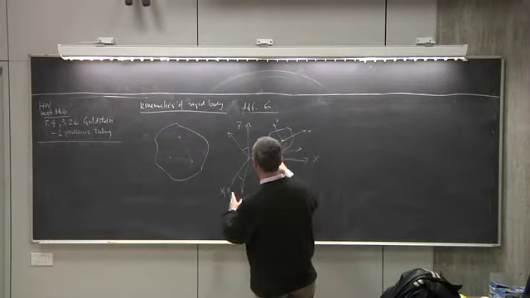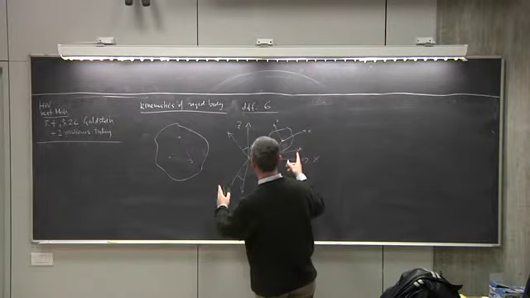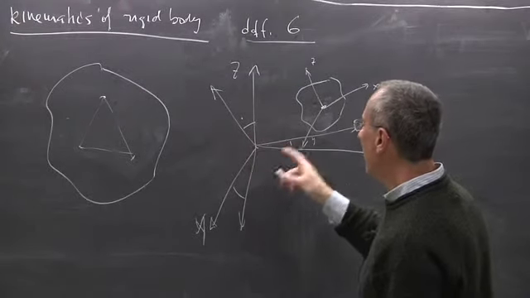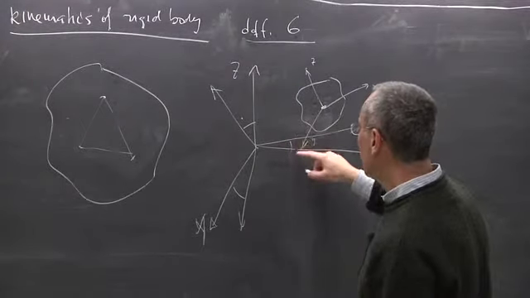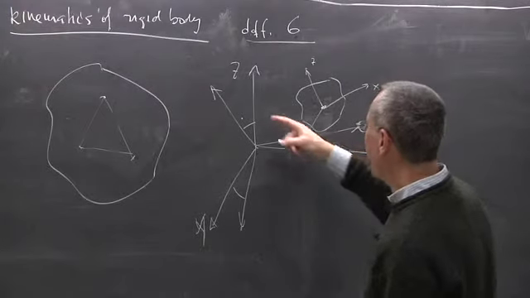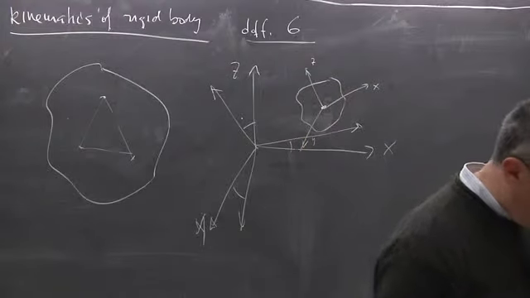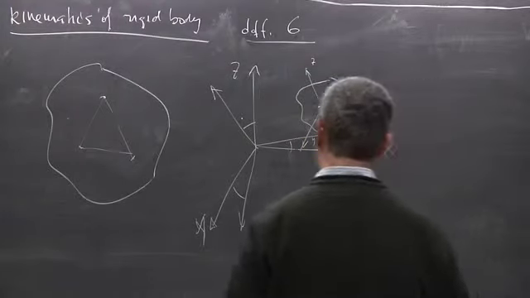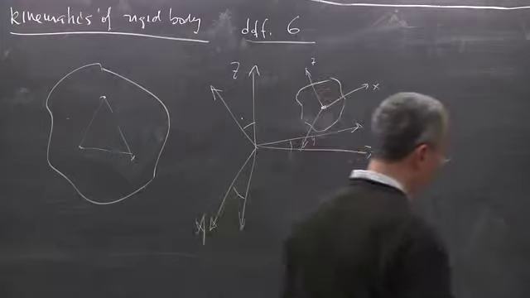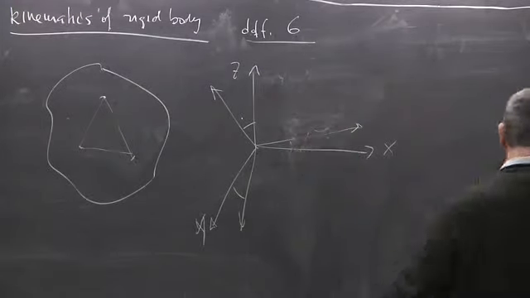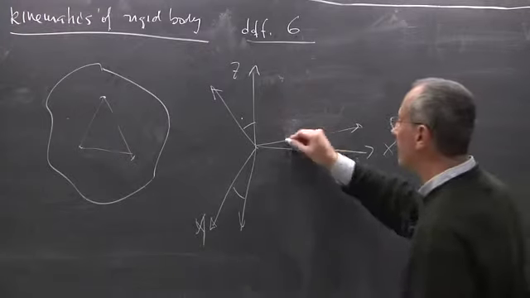And how do you describe that? Well, one possibility is, as this set of axes is rotating with respect to the original one, you give me the new angles by which each of these axes has rotated with respect to the original one. So how do you define angles in space?